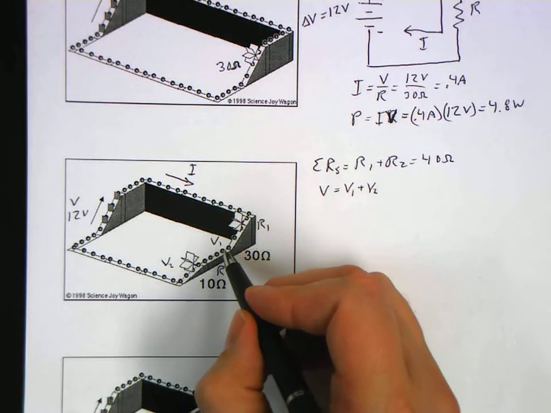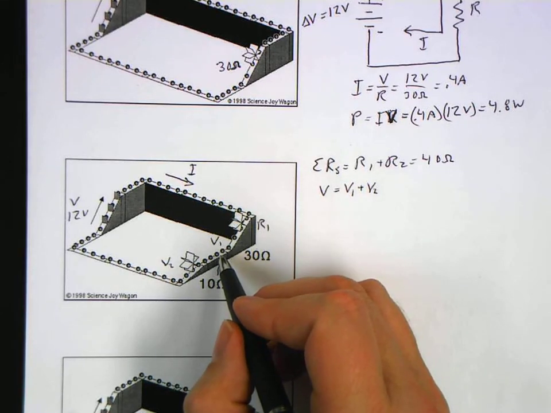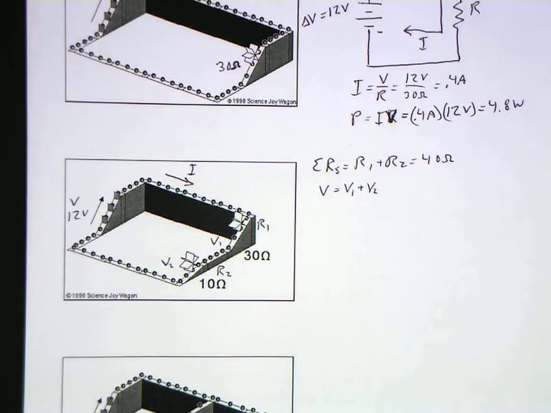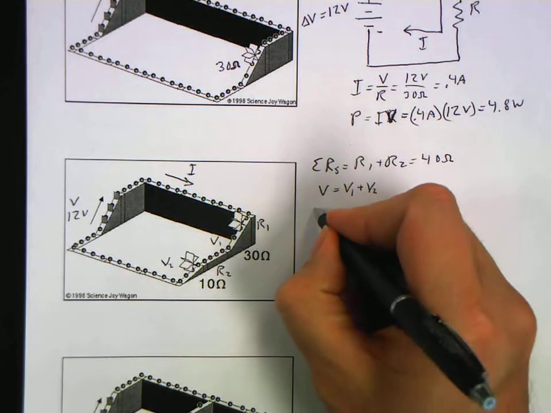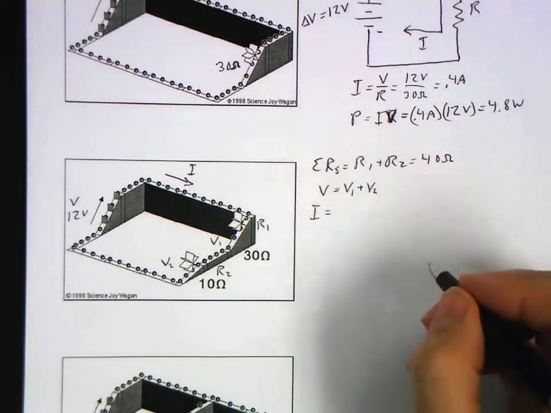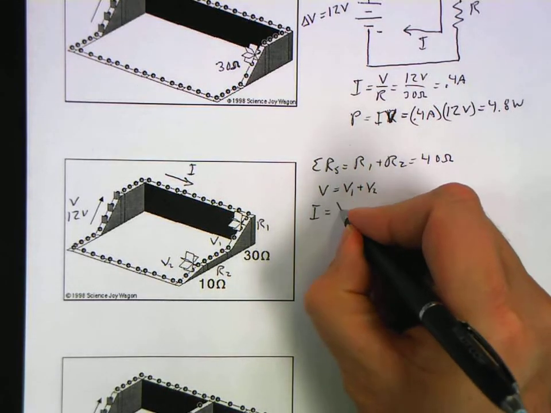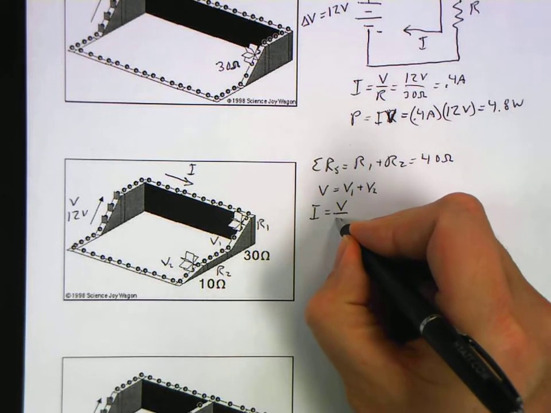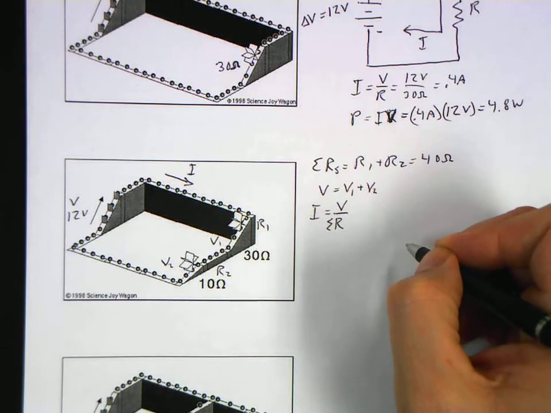Now, to find V1 and V2, well, first I'm going to need that current. So the current coming out of the battery is equal to the voltage across the battery divided by the total resistance of the whole circuit.